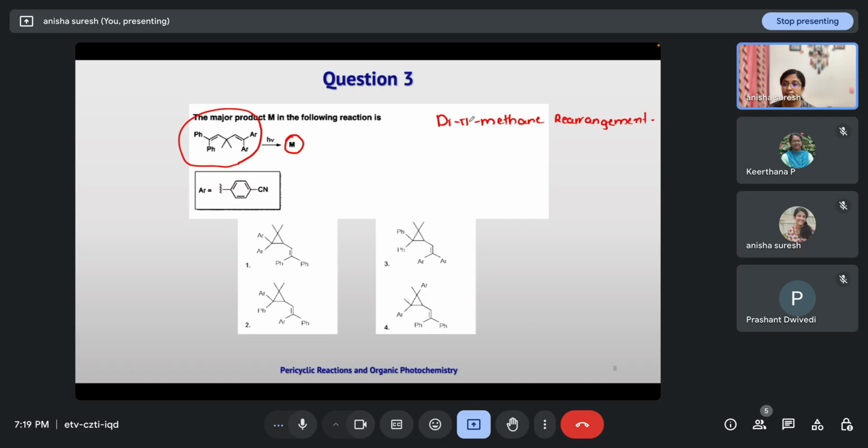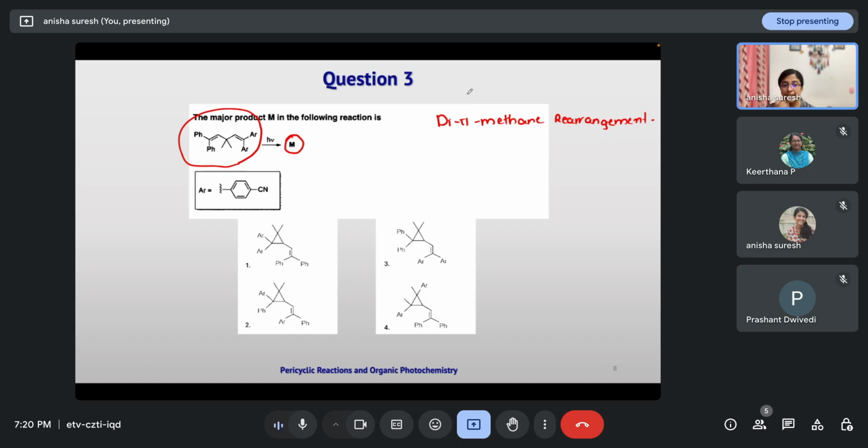Anyone? Four options have been given. Out of that, which is the major product that is forming after di-pi-methane rearrangement taking place?